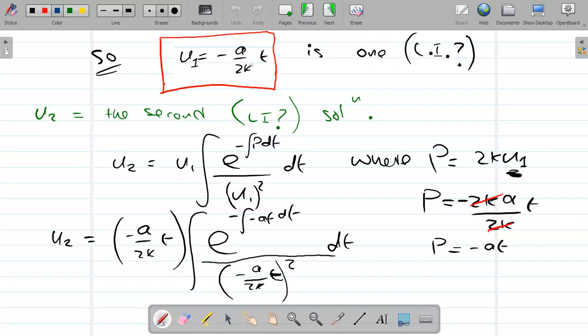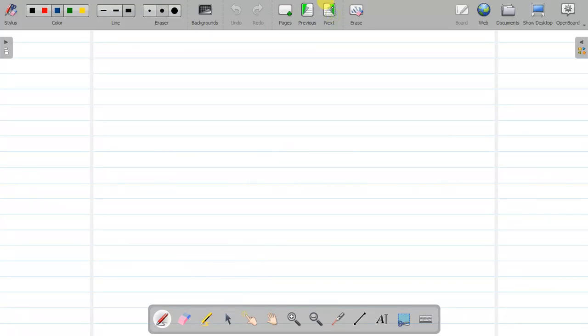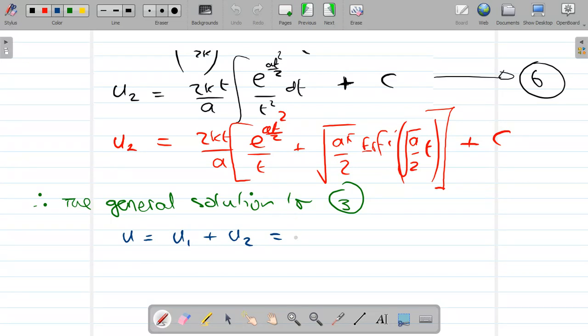because that's minus at over 2k, equals minus a over 2k, and then there's a t there, minus, sorry, I'm making a lot of typos. So it's minus at over 2k plus all of this in red. Well, we can simplify this. So we get plus 2k over a.